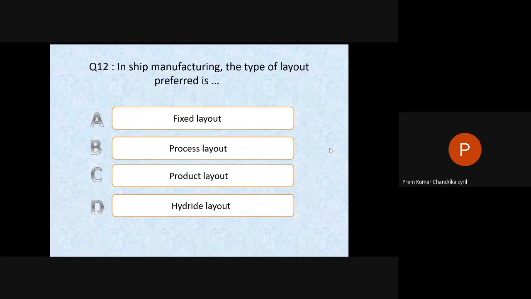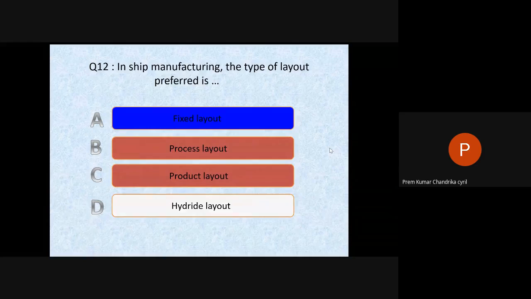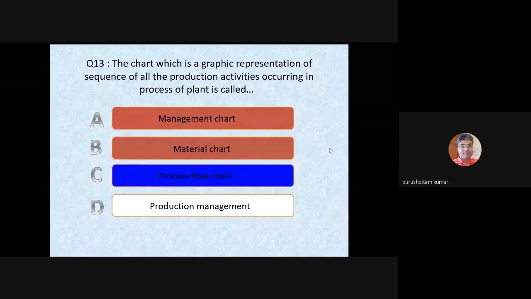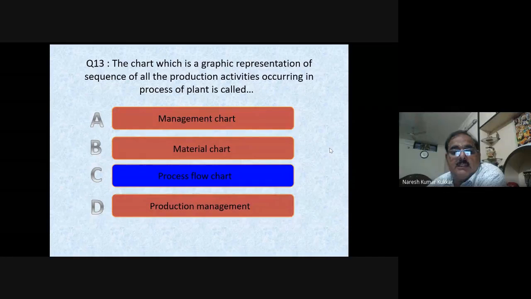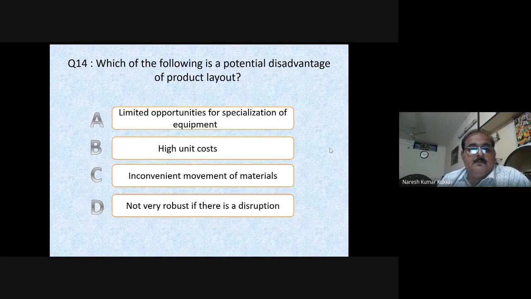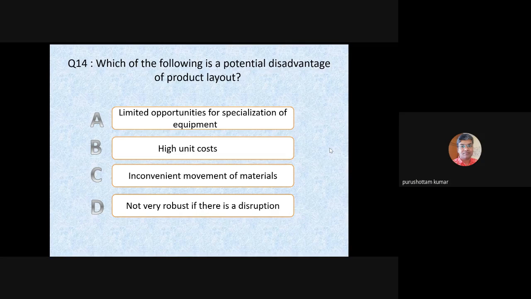Okay. Fixed. C. Process flow diagram. A.